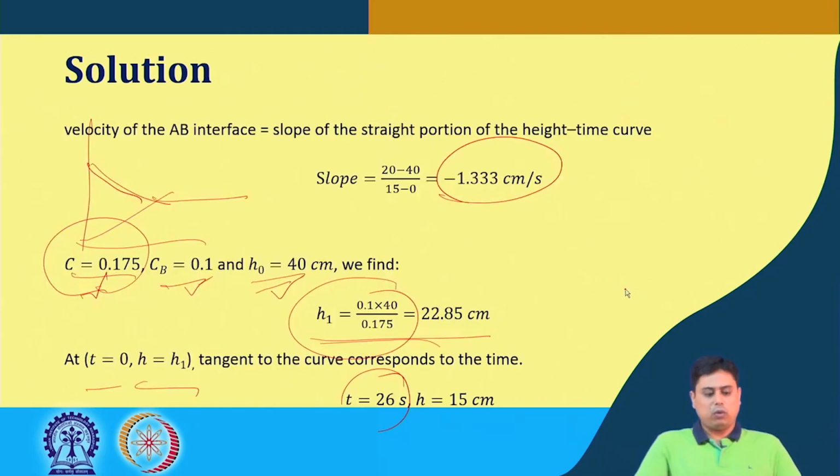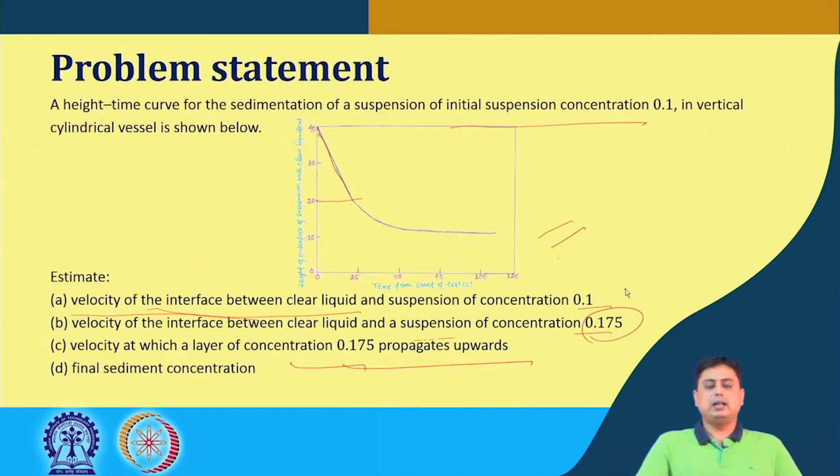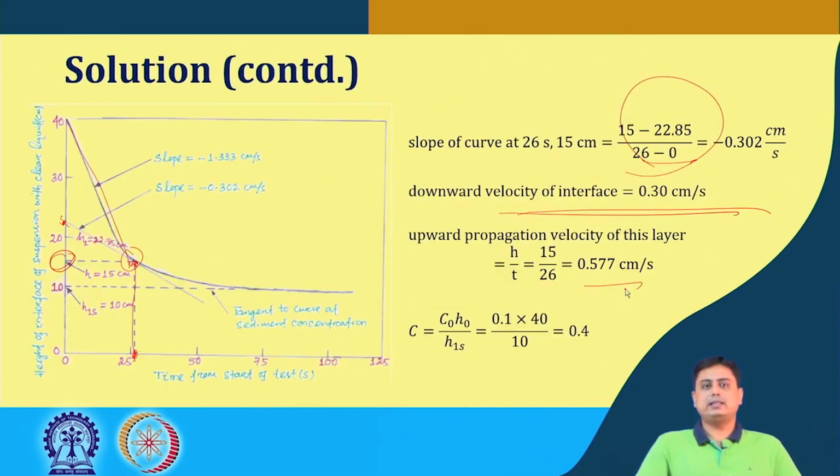And the last part was the final sediment concentration. How do we get that? The final sediment concentration requires the initial concentration multiplied by the initial height divided by the final height. Now how do we know this final height?